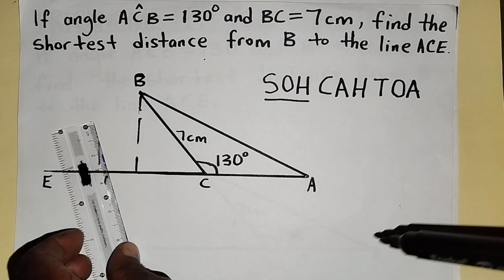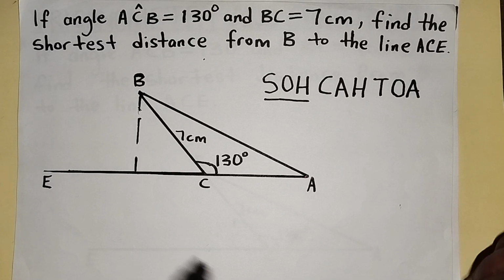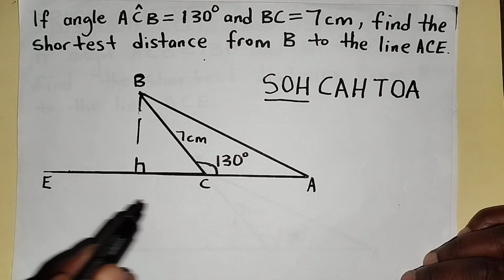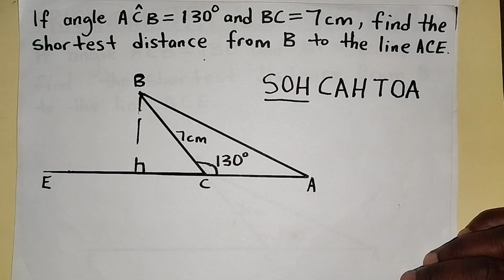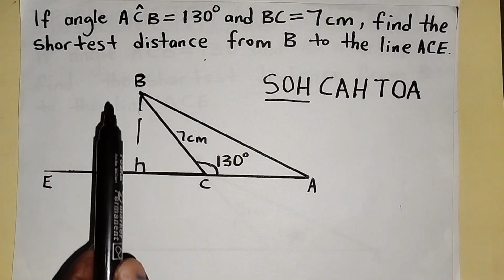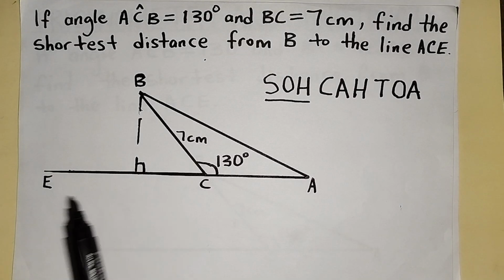As you can see, this line here makes an angle of 90 degrees with this straight line ACE. So that's the shortest distance of the line from B to ACE.